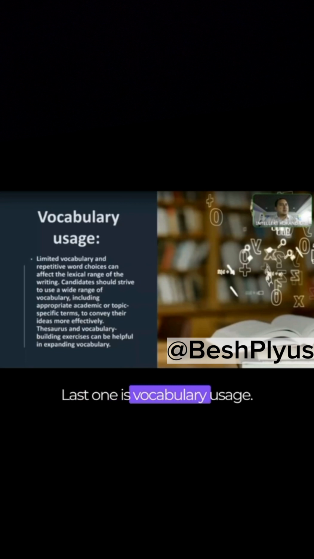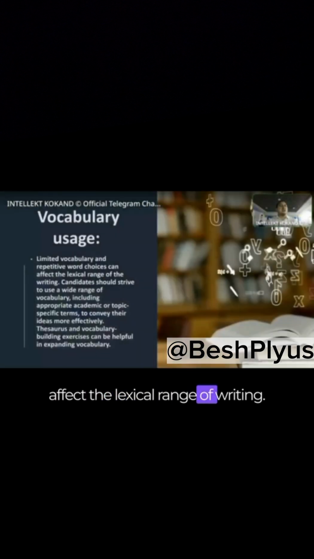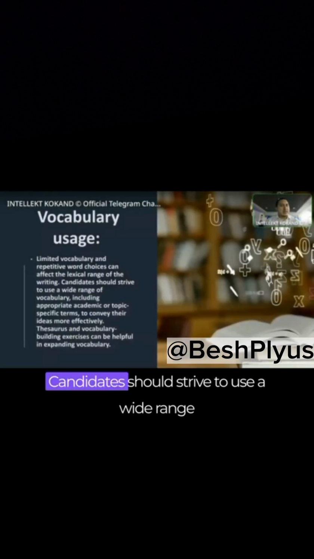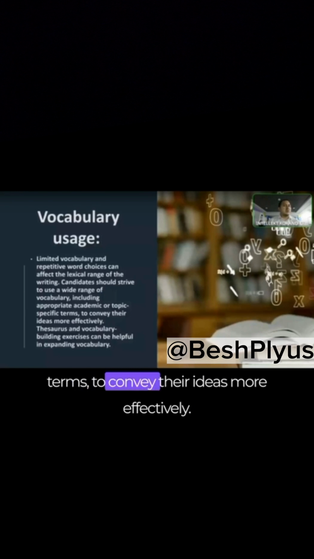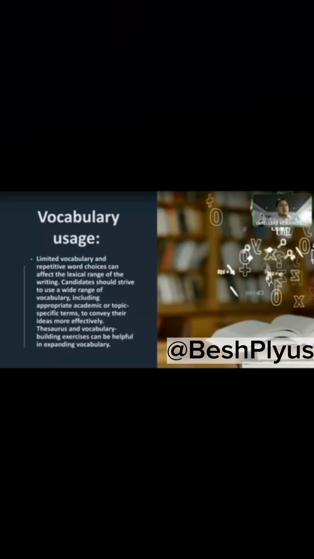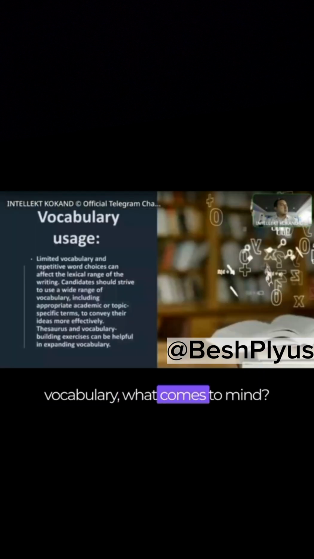The last one is vocabulary usage. Limited vocabulary and repetitive word choices can affect the lexical range of your writing. Candidates should strive to use a wide range of vocabulary, including appropriate academic or topic-specific terms, to convey their ideas more effectively. So when students usually think about vocabulary, what comes to mind?